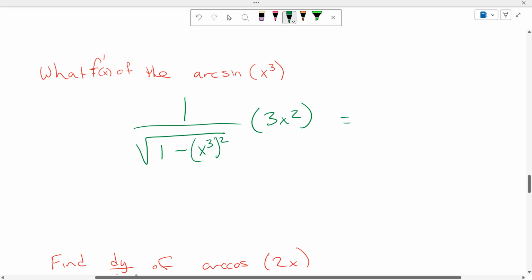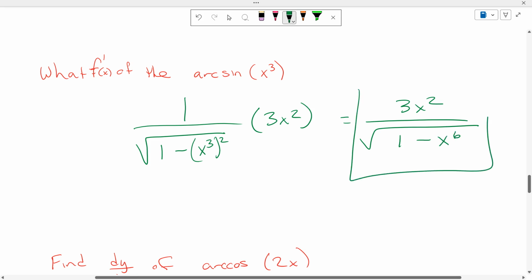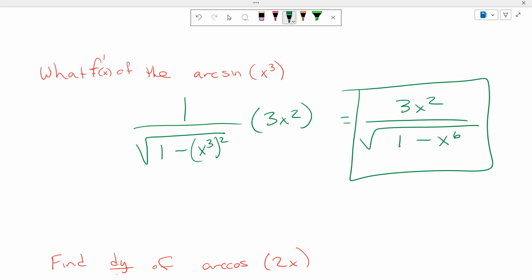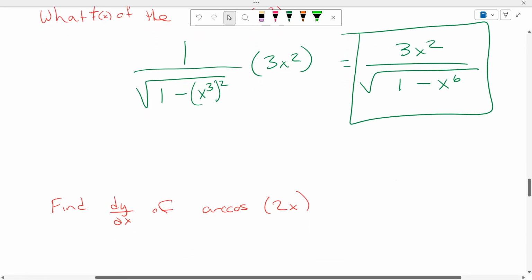So then it's 3x squared over the square root of 1 minus x to the 6th power. I think that's what the answer should look like. If it's anything more than x, multiply it times that derivative.